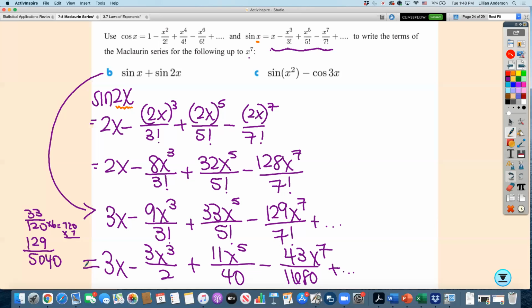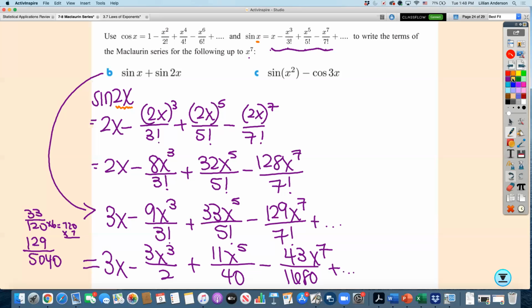So, let's look at this next one. I have sine x squared, and then I have a minus cosine 3x. So this was a subtraction, so I've really got to be careful about that minus, that distribution. Not only that, I have a composite with a 3x and an x squared.